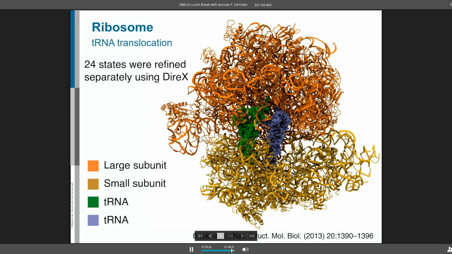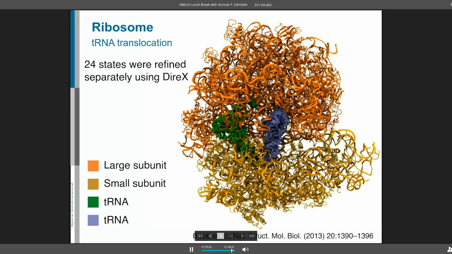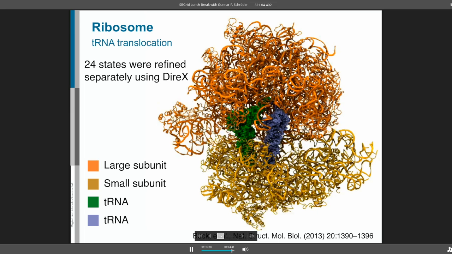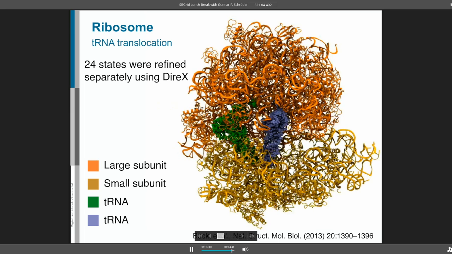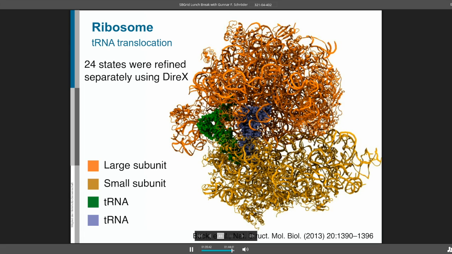And then in collaboration with Helmut Krupmüller in his lab, they performed MD simulations to study the transitions between these individual states and determine energy barriers and so on.